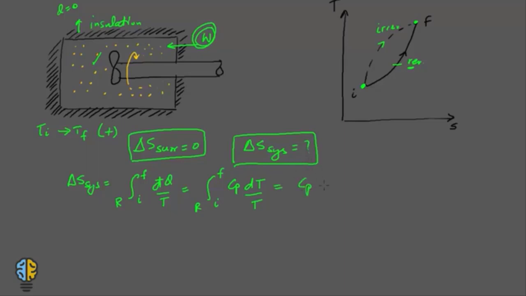So this becomes Cp natural log Tf upon Ti.